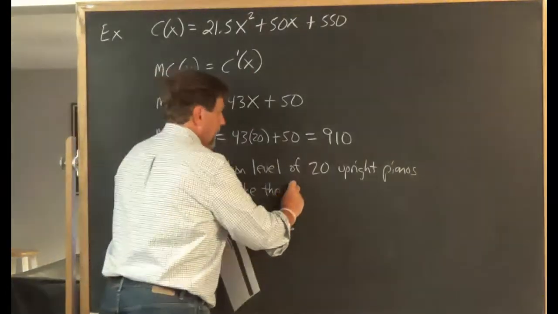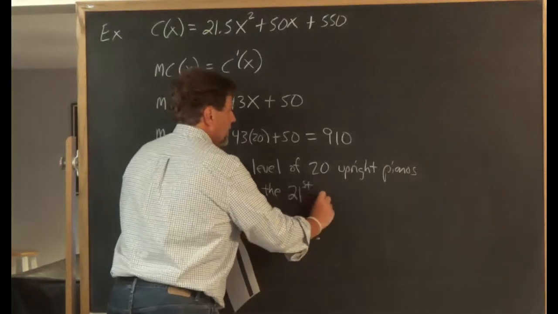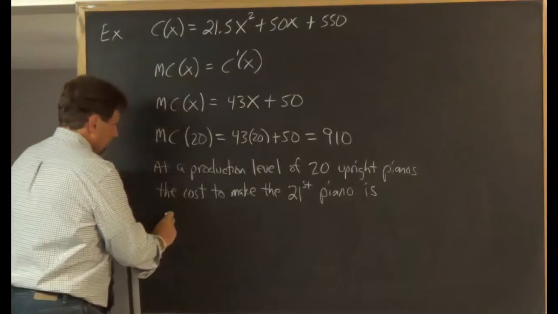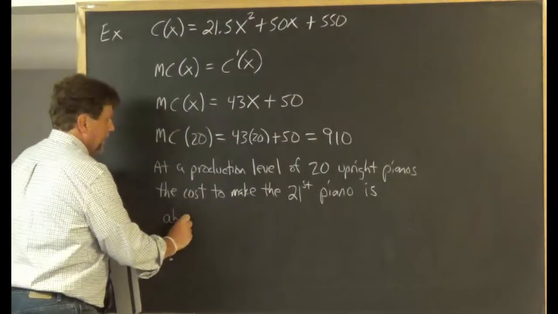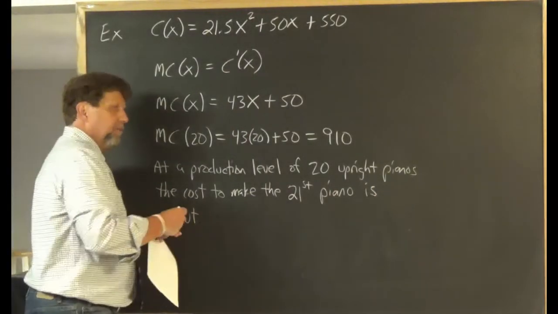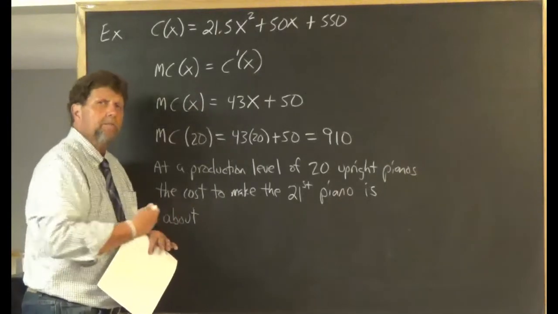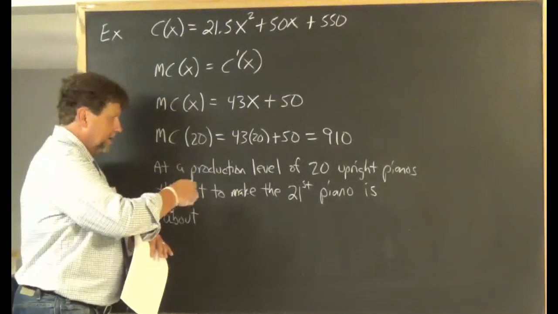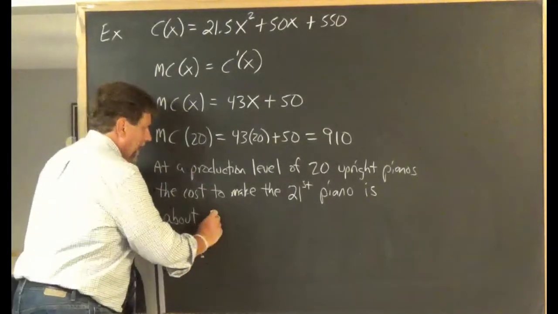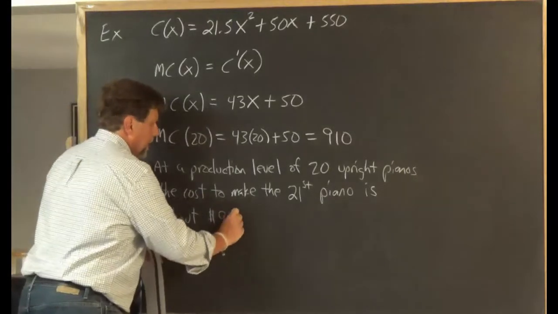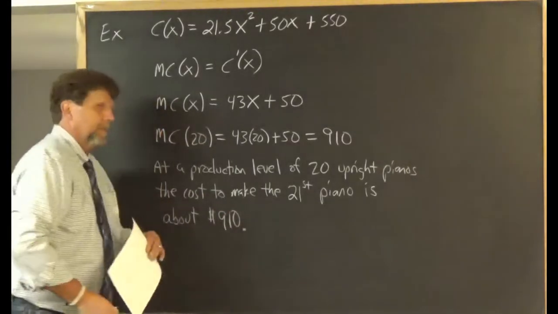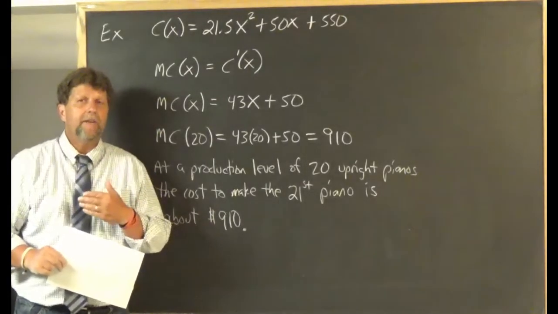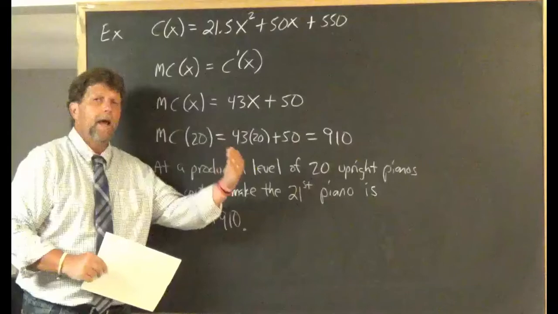So the cost to make the 21st piano is, and this is an important word to get in here, about, because marginal cost gives a very good approximation to the actual cost. So the cost to make the 21st piano is about $910. So remember, in the marginal world, it's giving an approximation for the next item.